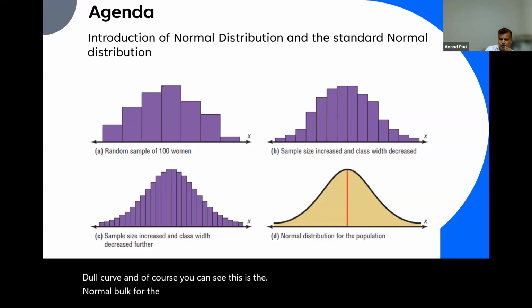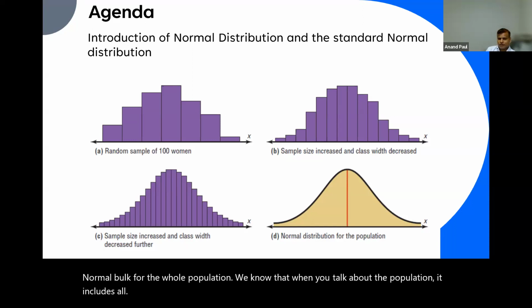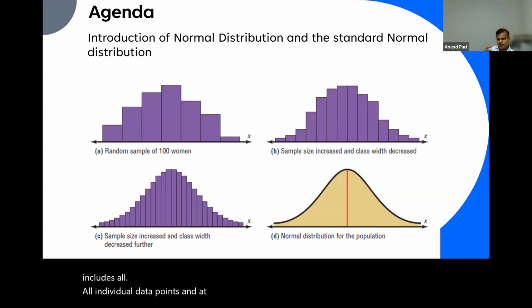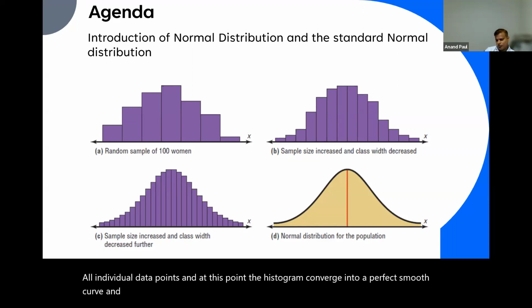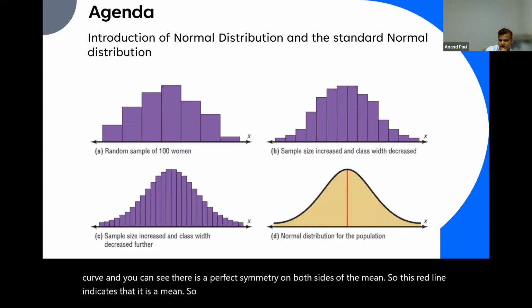We know that the population includes all individual data points, and at this point the histogram converges into a perfectly smooth curve. You can see there is perfect symmetry on both sides of the mean. This red line indicates the mean. So the normal distribution, ideally, is a mathematical model for many natural and social science phenomena.